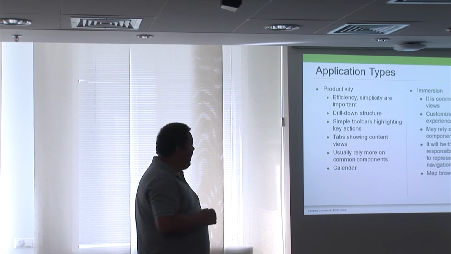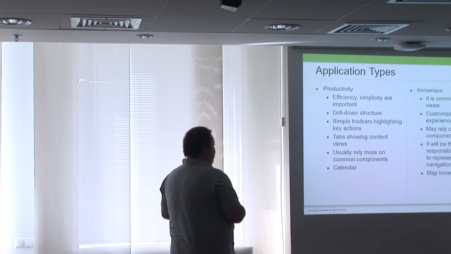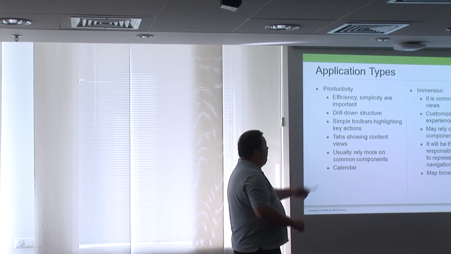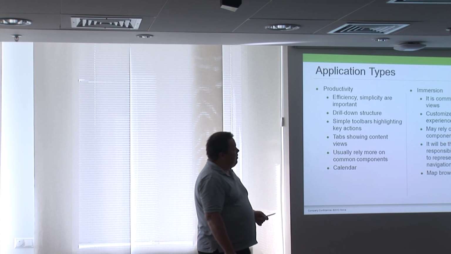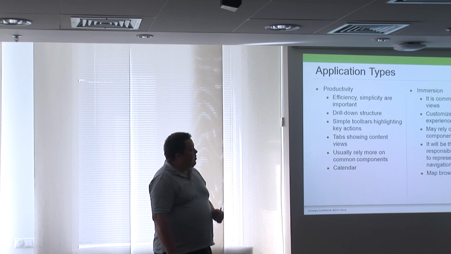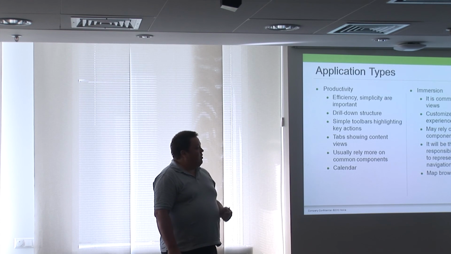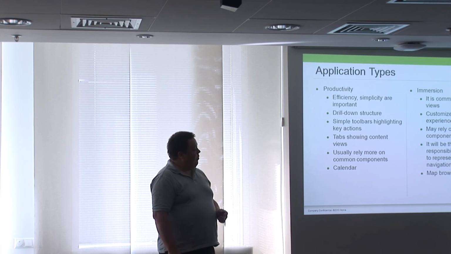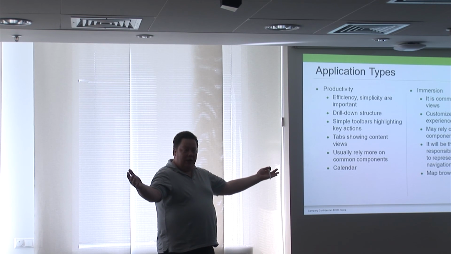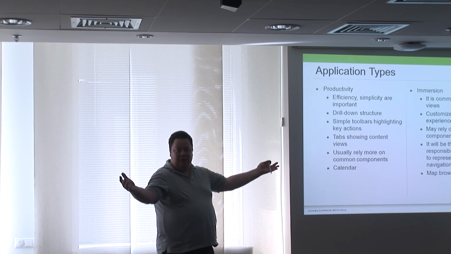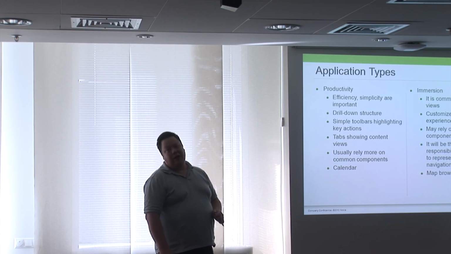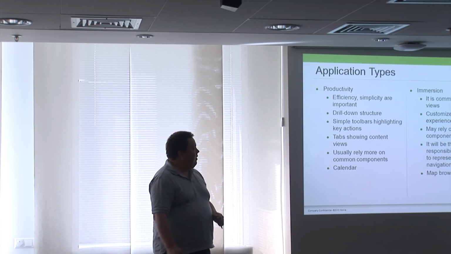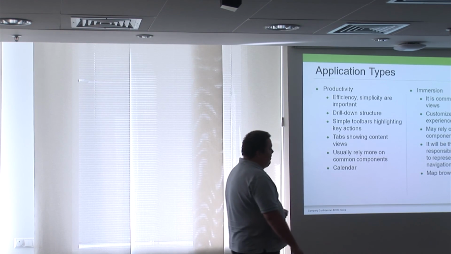Let's look at these navigational patterns. These are typical for the productivity applications. While immersion, full view, customized user experience, the developer has to take care of that if he wants. Of course, if you have some OpenGL game, quite likely it's the game with its own user experience. It doesn't need or it shouldn't look anything like MeeGo. It should look like that game. May rely on native components.